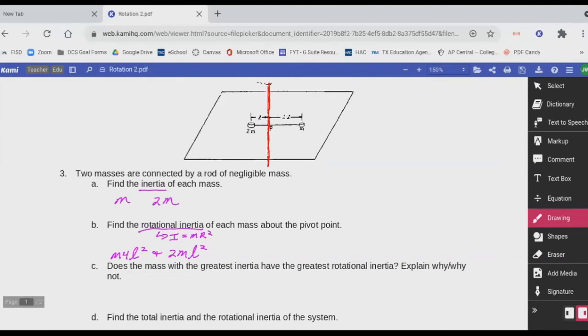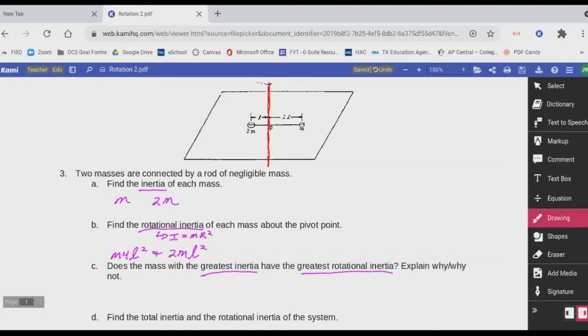So now it says, does the mass with the greatest inertia have the greatest rotational inertia? So does the biggest mass have the biggest rotational inertia? No. Why? Because when it comes to rotational inertia, the distance matters more as it's squared. She's exactly right.